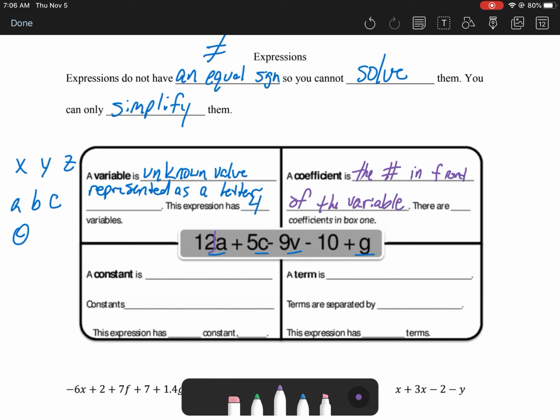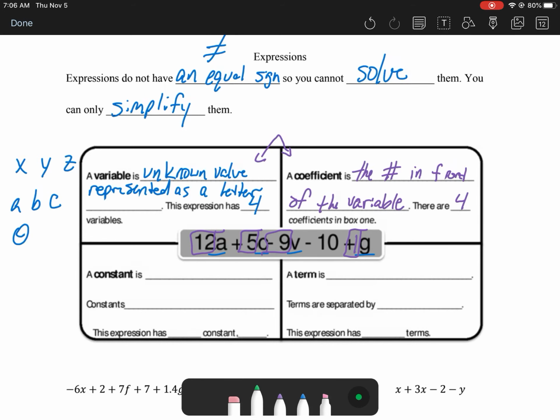So for example, 12 is a coefficient, 5 is a coefficient, -9 is a coefficient. And in front of the G, it looks like there's nothing there. However, there is a hidden 1 in front of that variable. So we have 4 coefficients. You'll notice that the number of coefficients and the number of variables should always be the same.